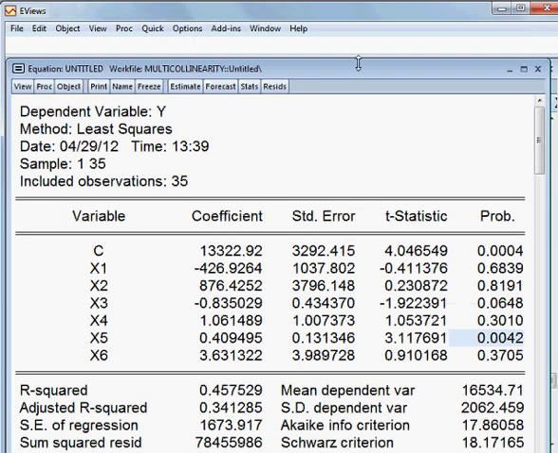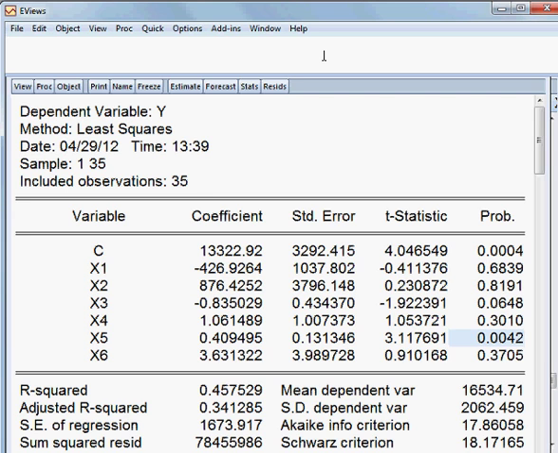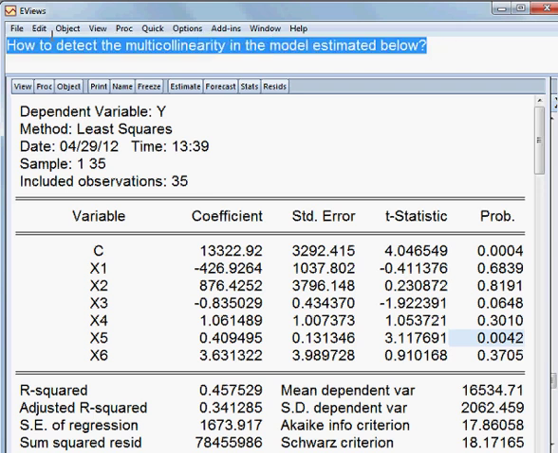Now the question is how to detect the multicollinearity in the model estimated below.